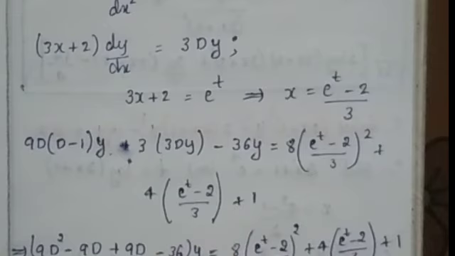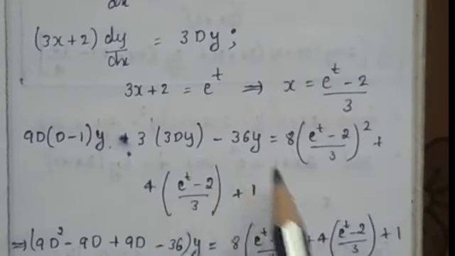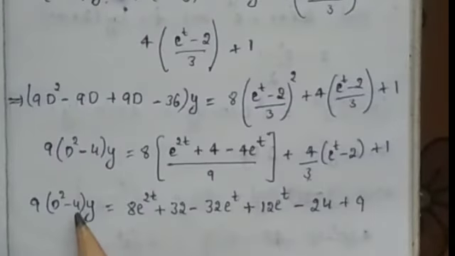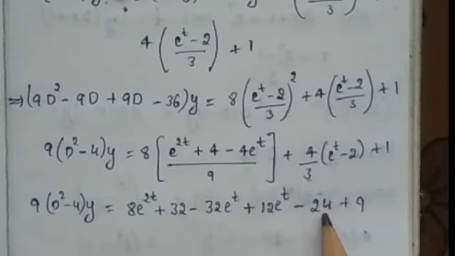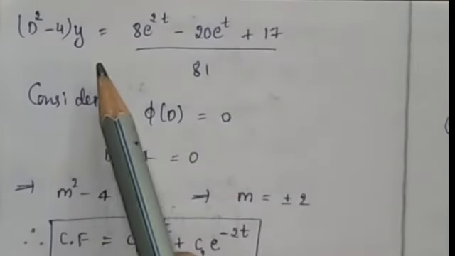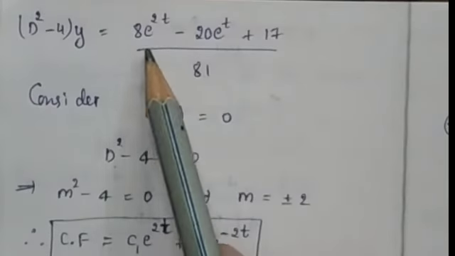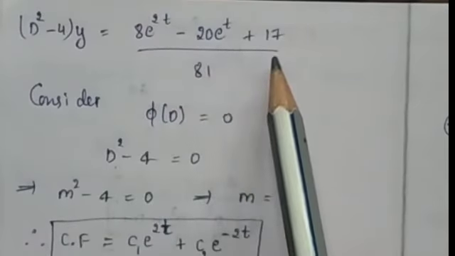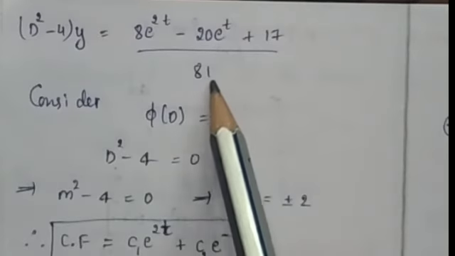So finally you solve this, you get (9D square minus 4) into y equal to 8 e power 2t plus 32 minus 32 e power t plus 12 e power t minus 24 plus 9. Then you get (9D square minus 4) into y equal to 8 e power 2t minus 20 e power t plus 17 by 81.